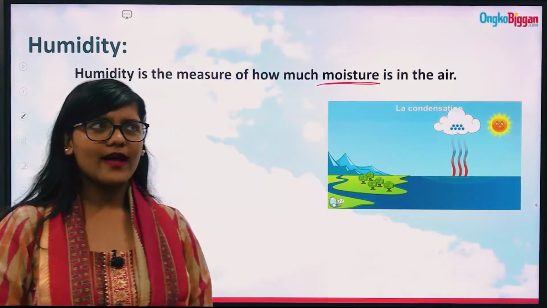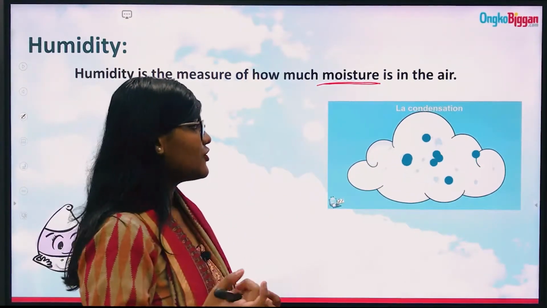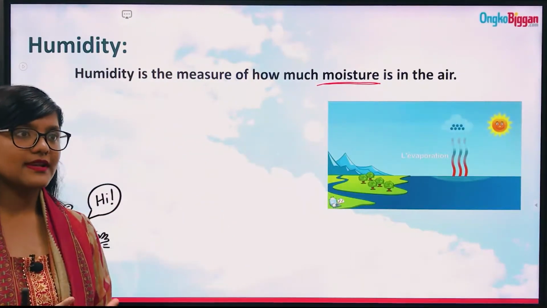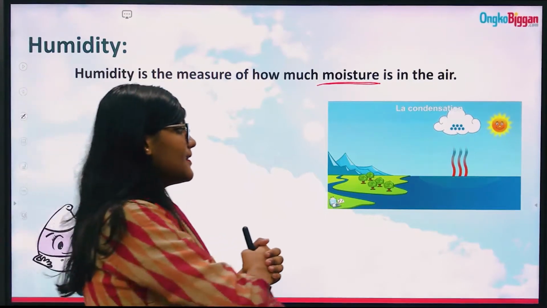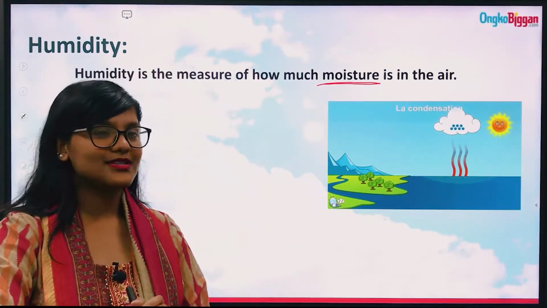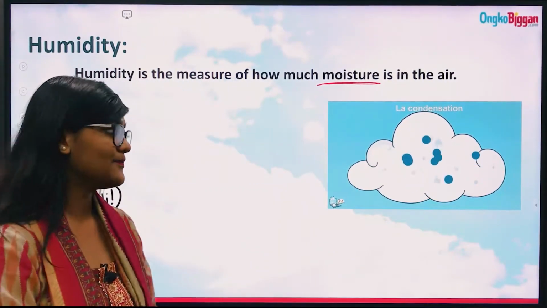Normally, tiny droplets or water vapor exist in the atmosphere, but when sunlight comes, and we have learned from the water cycle that water evaporates from the sea level.